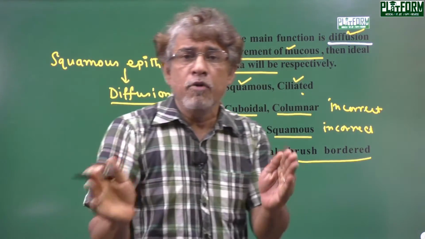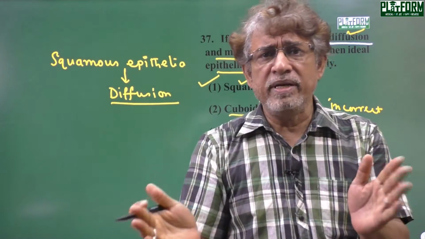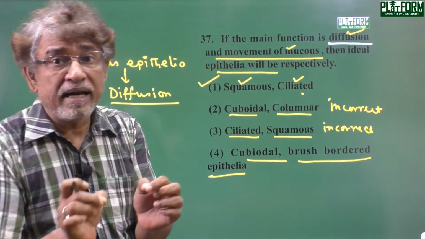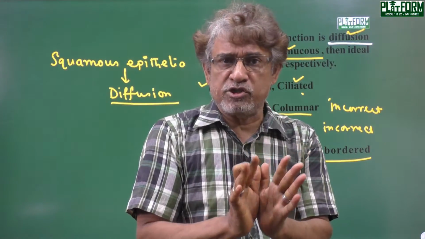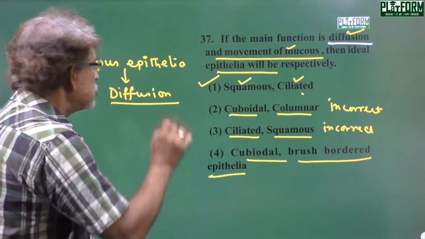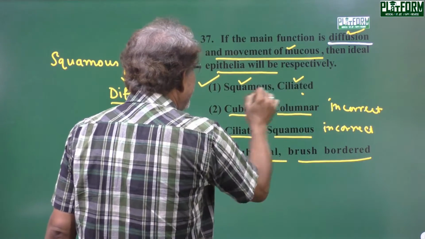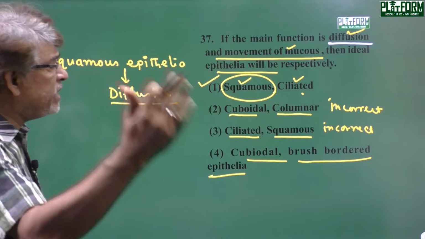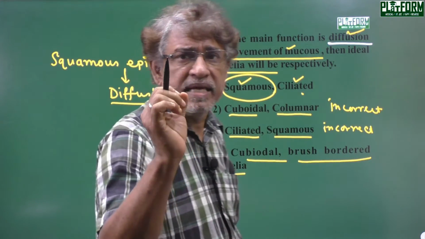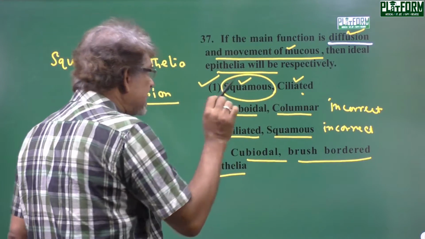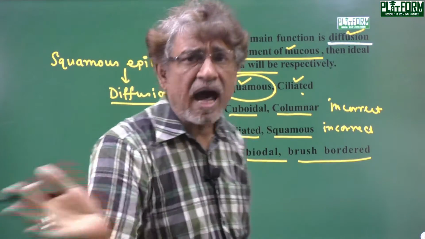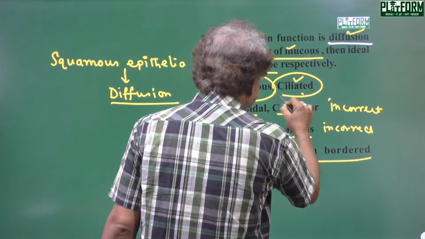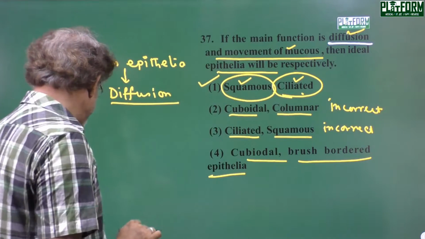Movement of molecules, any type of molecule, solute or solvent, from its higher concentration to its lower concentration until dynamic equilibrium is reached, then it is called diffusion. So diffusion is the function when the cell type must be squamous, and when movement of mucus is in concern, then cilia is essential. Cilia helps by their undulating movement, movement of mucus takes place. So ciliated, this is your correct option.